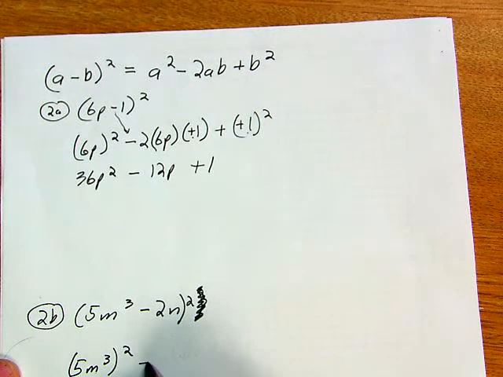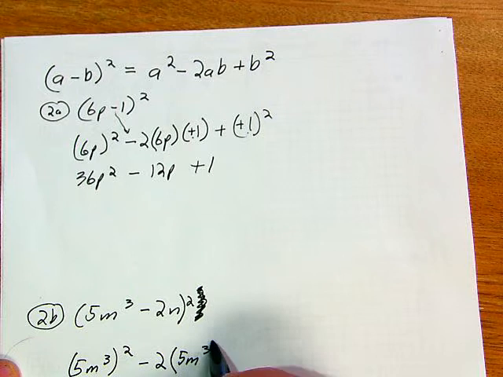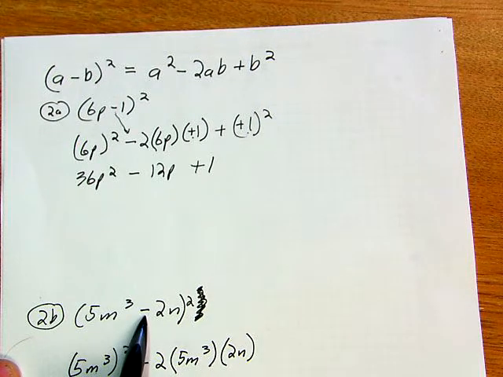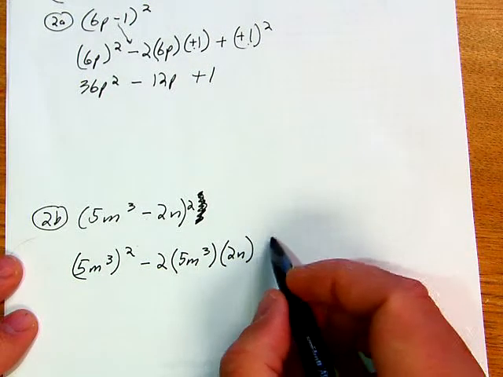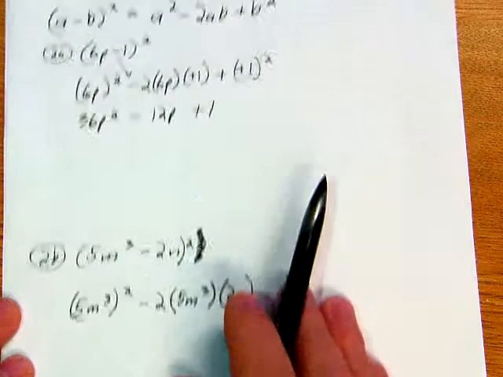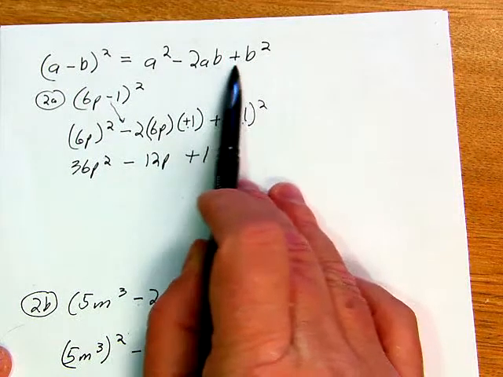So we're going to go minus 2, and a is 5m cubed, and b is 2n. Remember, once again, I don't carry the negative with the b value when I do this. Okay? And so now I have the final part of my equation from up here, b squared.